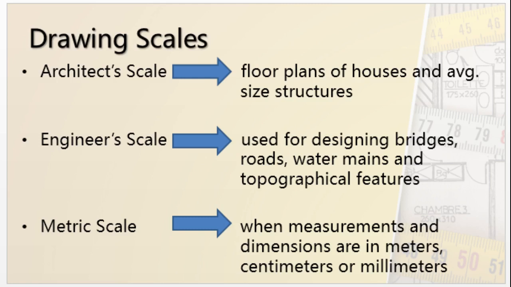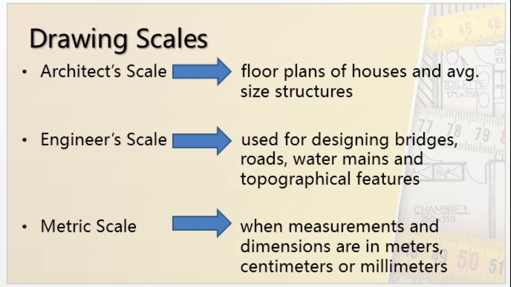The engineer scale is used for designing bridges, roads, water mains and topographical features, which are obviously very large structures, so for those we need to use the engineer scale. And the metric scale is used when measurements and dimensions are in meters, centimeters or millimeters.